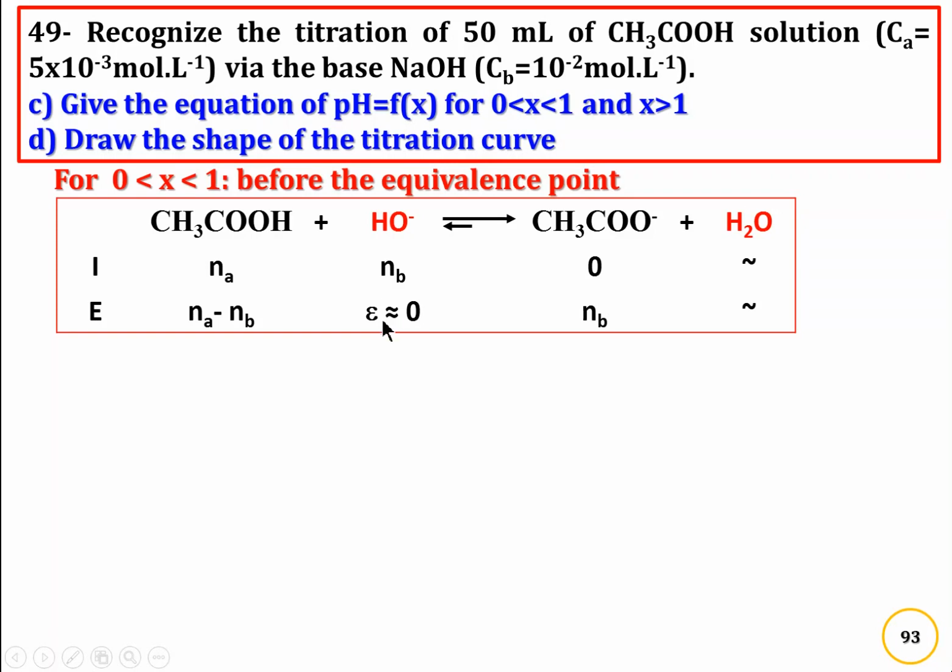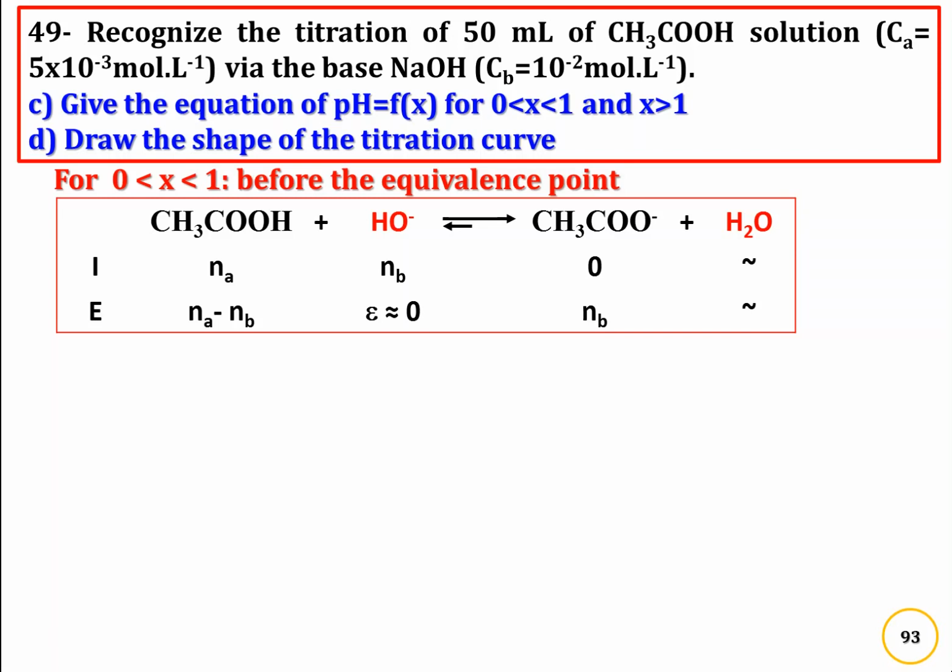So at equilibrium, we have practically 0 of OH⁻, and the number of moles of acetic acid remaining at equilibrium is equal to Na minus the number of moles of acetic acid reacted, which is Nb. So the number of moles of acetic acid at equilibrium equals Na minus Nb, and we have formation of Nb of acetate. So in the new solution now we have acetic acid and its conjugate base.